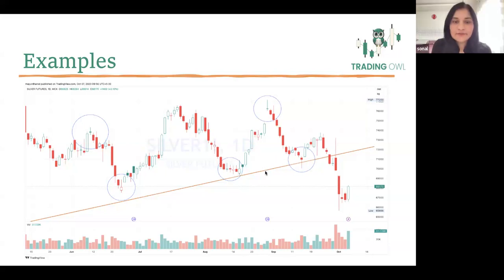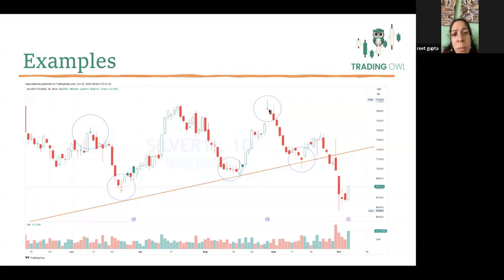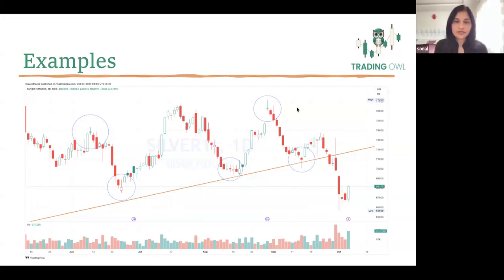Can someone tell me the fourth one? That's a gravestone doji. This is the perfect example of a gravestone doji. Mayur and I give a lot of importance wherever this gravestone doji appears after a significant uptrend. Next day you see a nice 4-5 days of fall.